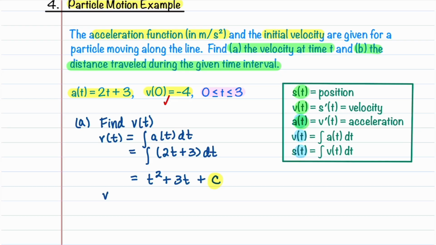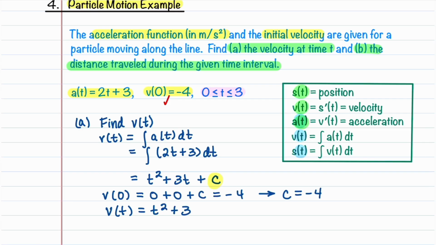So let's let t be equal to 0. So we have v of 0 is 0 plus c, and that's minus 4. So we know that c is equal to minus 4. That tells us then that v of t is equal to t squared plus 3t minus 4.